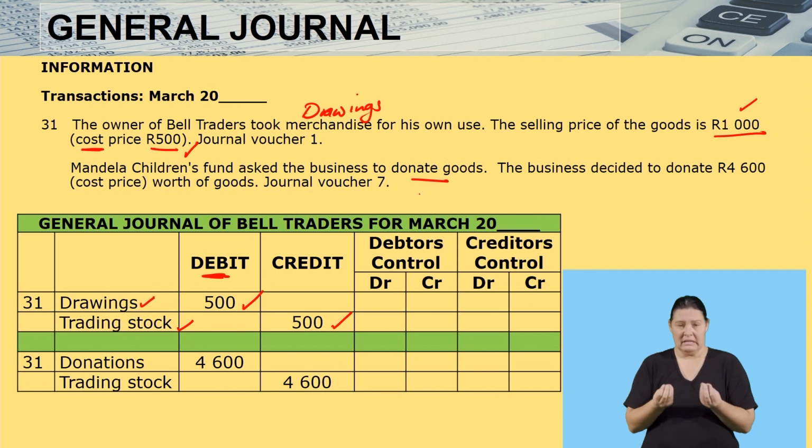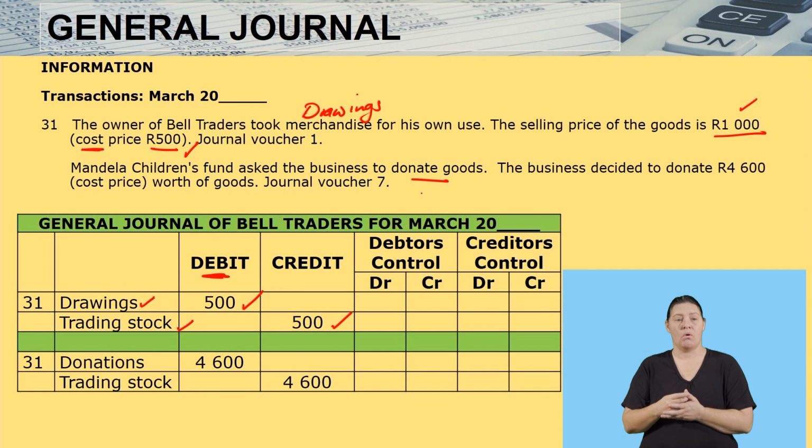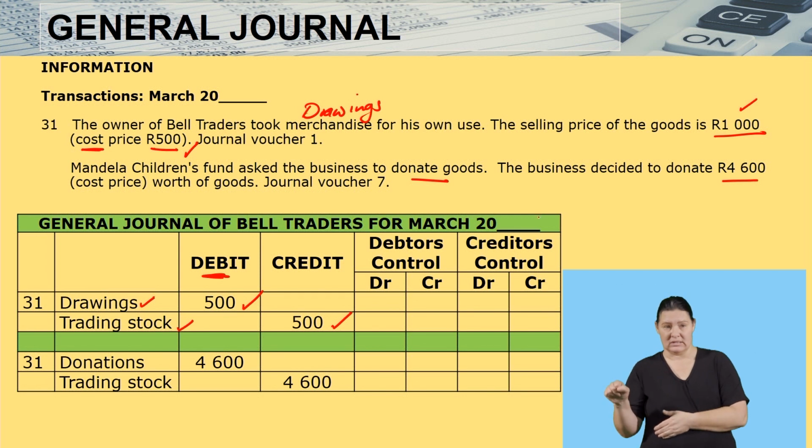And we have another transaction which reads, Mandela Children's Fund asked the business to donate goods. So remember, it is our social responsibility to also look for those that are in need. So we donated goods to Mandela Children's Fund. The business decided to donate 4,600, that is the cost price of the goods. We will come here now. Which account do we debit? We debit our donations.